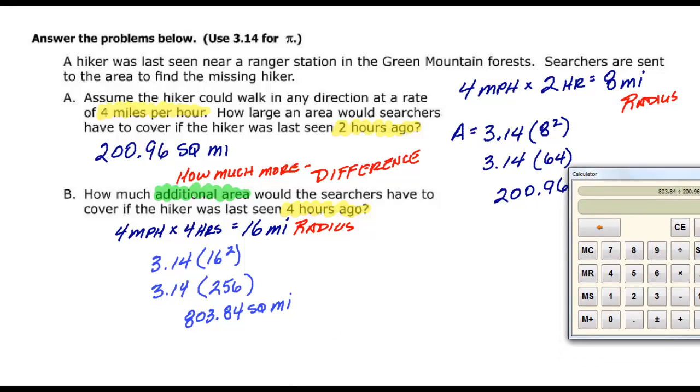Let's go ahead then and finish out the problem, because we know this isn't the answer. This is the new area, 803.84, minus the original area, 200.96.